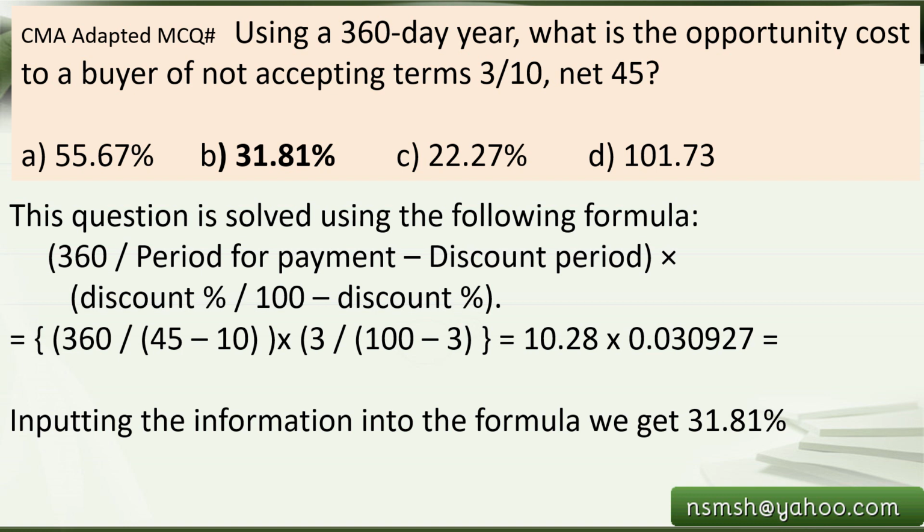It has to be 360 days divided by the difference between the period for payment minus the discount period, and that has to be multiplied by the discount percent divided by 100 minus the discount percent. If we apply that, it will calculate to 31.81%.